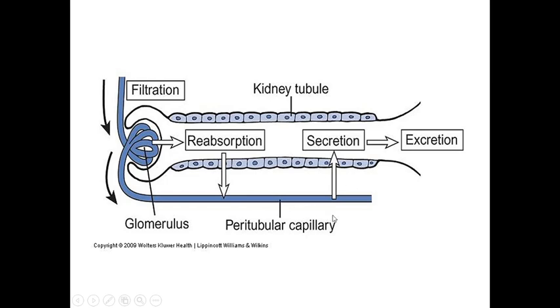While certain other substances like urea and creatinine, which need to be excreted from the body, are secreted from these blood vessels into the renal tubules. So this process is called secretion, right? So these are the three main steps in urine formation: filtration, reabsorption, and secretion. The end result of this urine formation process is called excretion of urine.